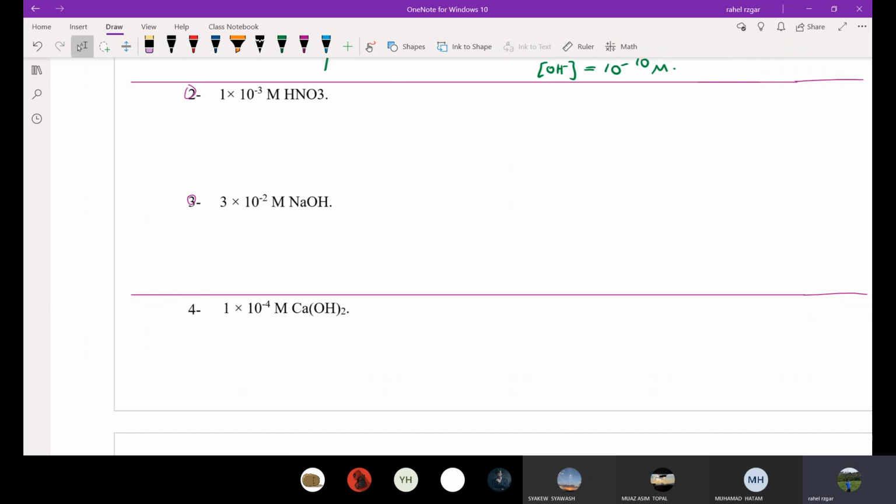Question 4, it's calcium hydroxide. Calcium hydroxide is a strong base which dissociates into calcium and hydroxide, but it will be 2 hydroxide. The concentration of calcium hydroxide is given, which is 10 to the power negative 4 molar.